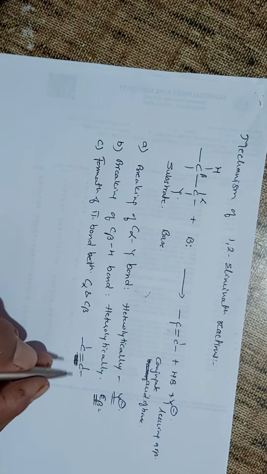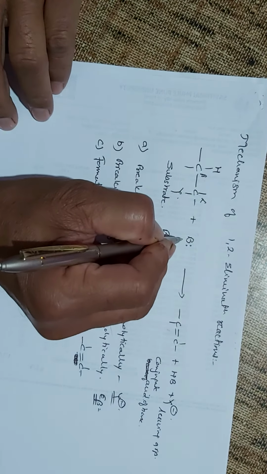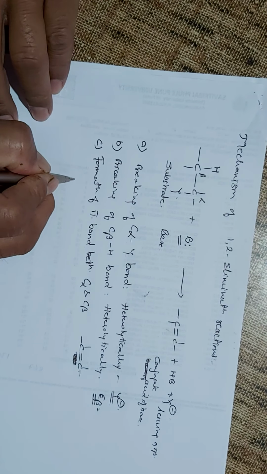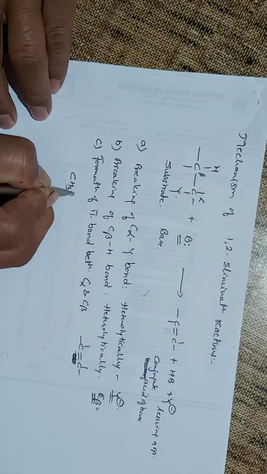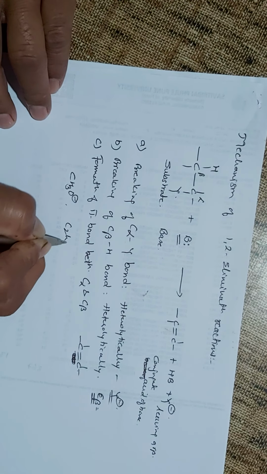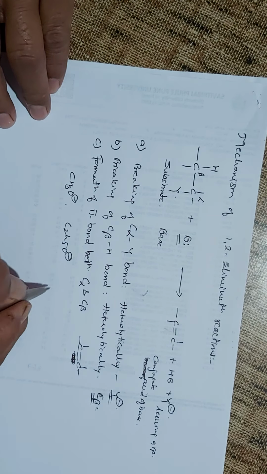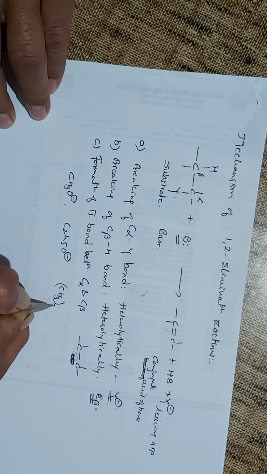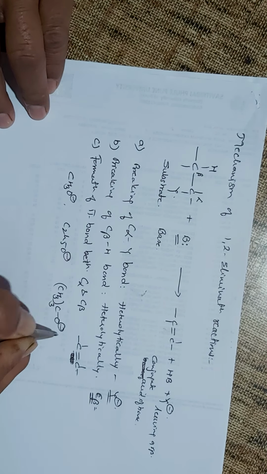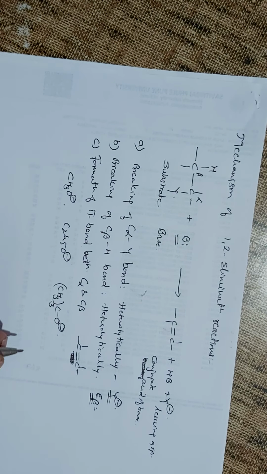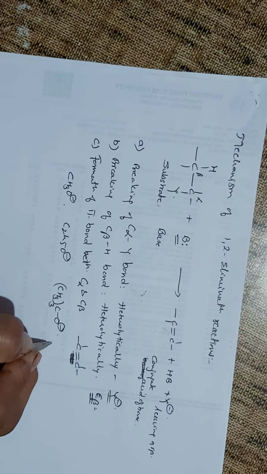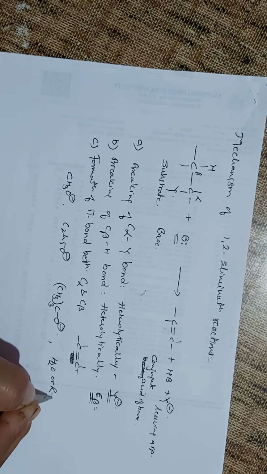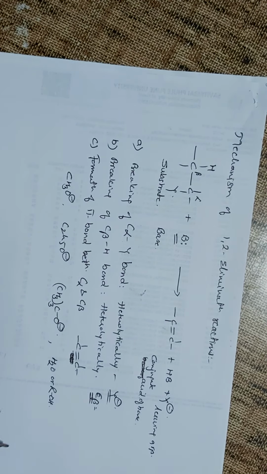The base which we are using may often be a methoxide ion, ethoxide ion, or tertiary butoxide ion, and solvents like water or alcohol can also act as the base in this reaction.